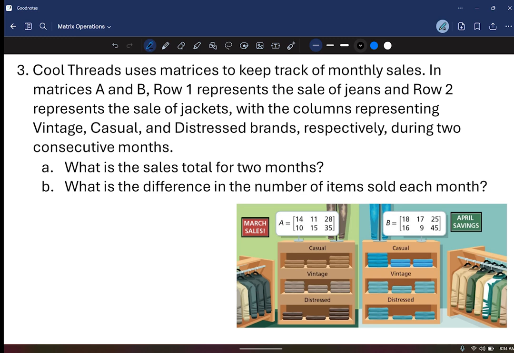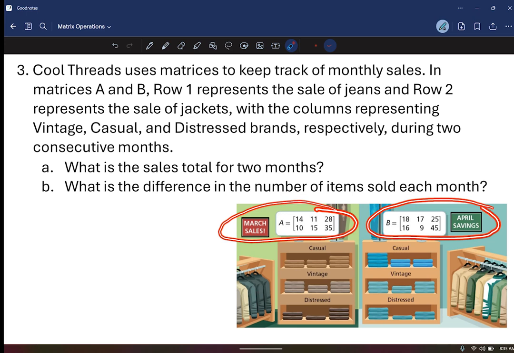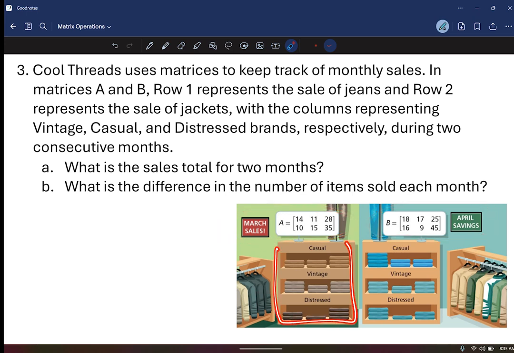Matrix A here is for March, matrix B is for April. Now, you can't look at these right here because this is a 3 by 3, which doesn't make any sense to this matrix right here. So you have to go off of what they told you in the problem. So you know that matrix A is a 2 by 3 and matrix B is also a 2 by 3.